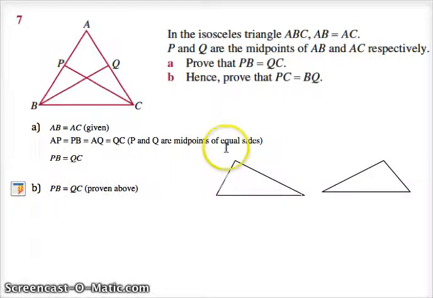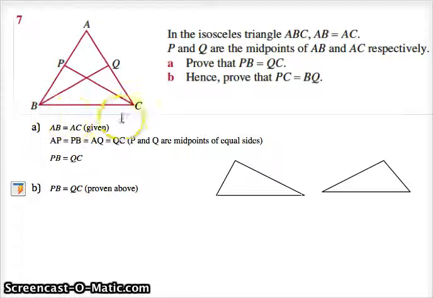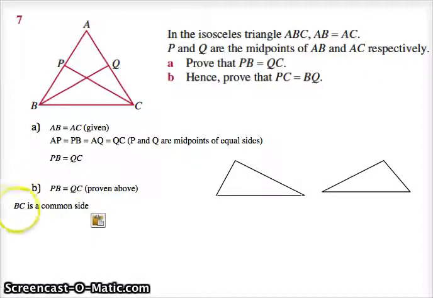We also can see that BC is a common side. It's along the bottom. So we can say that BC is a common side.